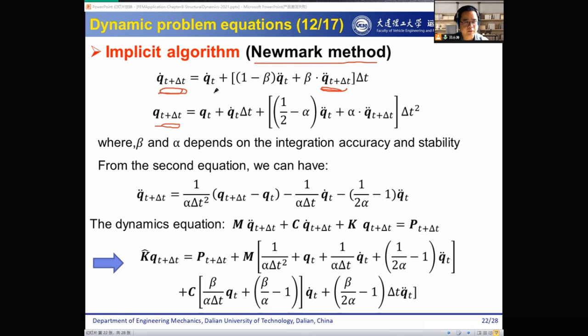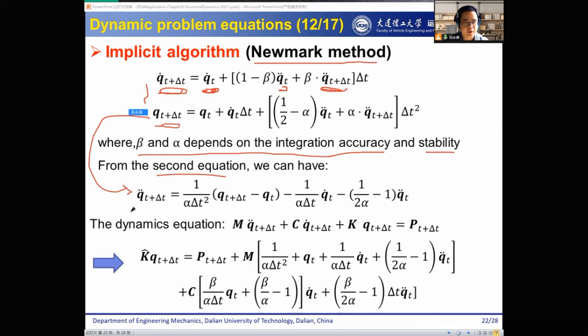The velocity is a function of the velocity at the previous time step, and also a function of the acceleration. In these equations, alpha and beta depend on the integration accuracy and stability.